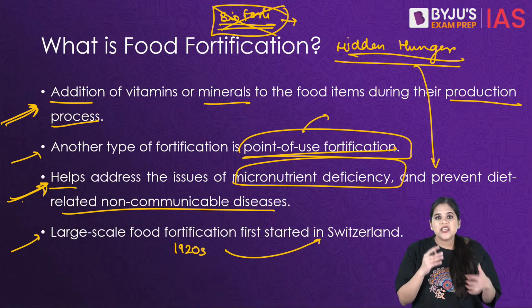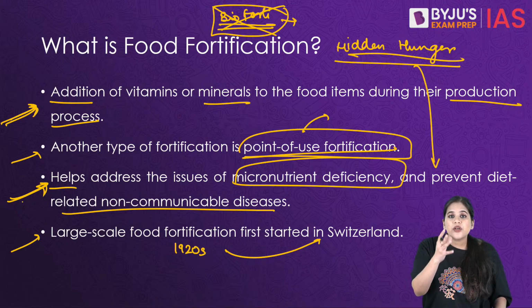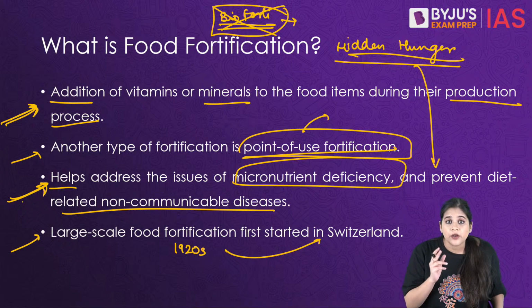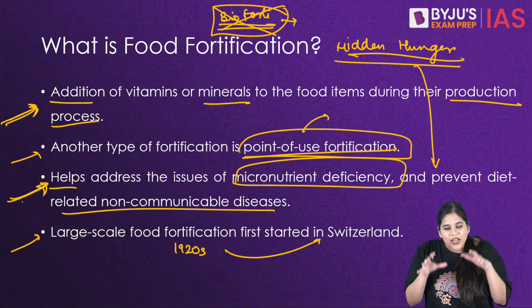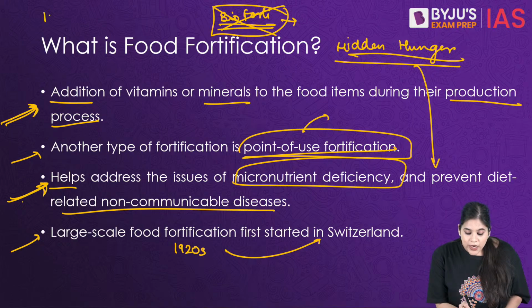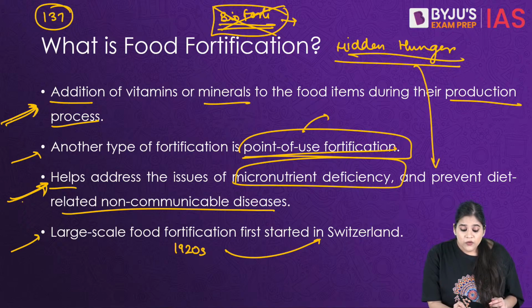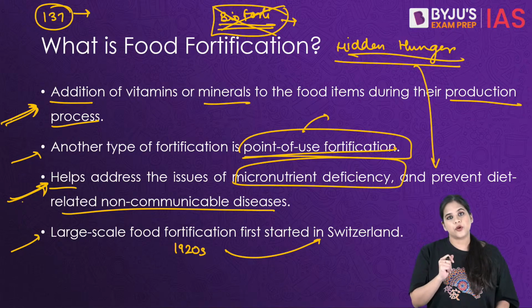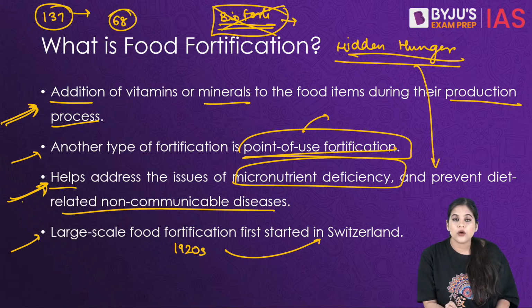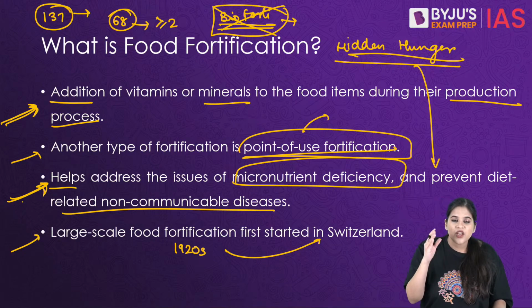That is why they started fortifying their salt with iodine to reduce the incidence of what? Goiter, which is caused due to reduced amount of iodine consumption. As of now, 137 countries all across the world have mandatory fortification rules for at least one food product. And 68 countries across the world have such rules for at least 2 or more products. Okay, so that is the level at which the fortification is done.